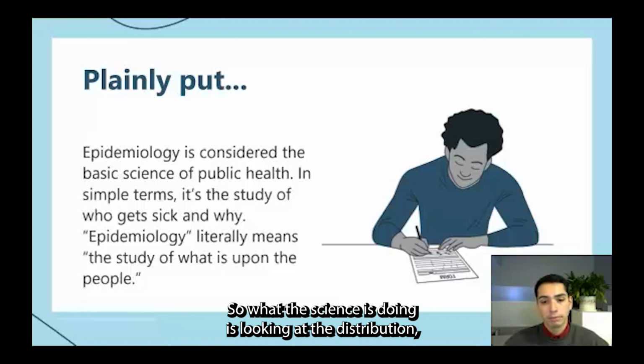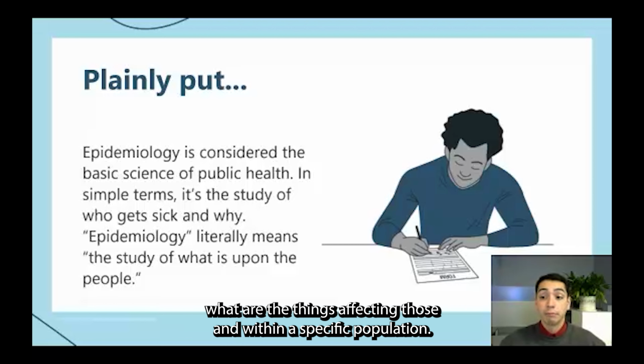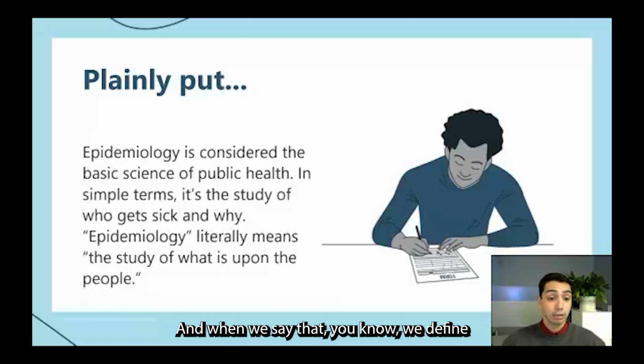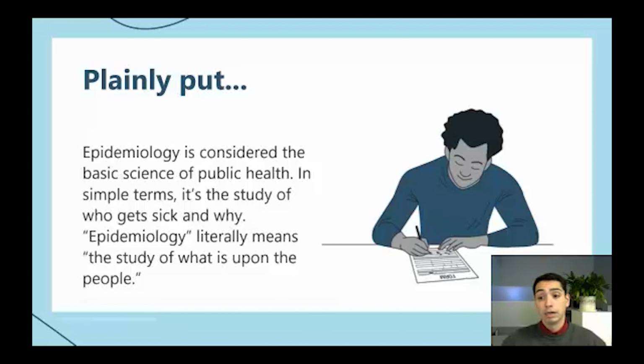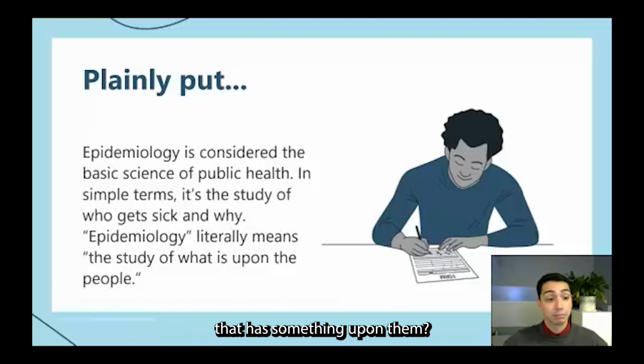So what the science is doing is looking at the distribution, how things are moving around, what are the determinants, what are the things affecting those, and within a specific population. And when we say that, we define what that specific population is. Who are the people that have something upon them?